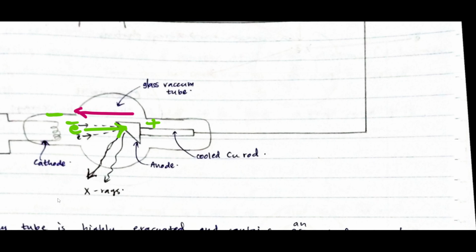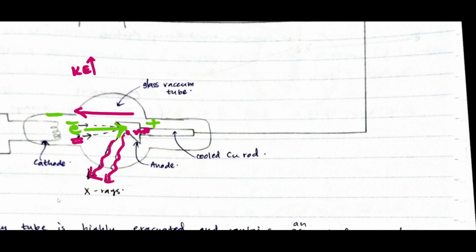Due to this electric field, this electron gains a lot of kinetic energy, and when it is bombarded towards this anode target, most of the energy is converted to heat. So this heats up a lot, and a certain portion is converted into X-rays.